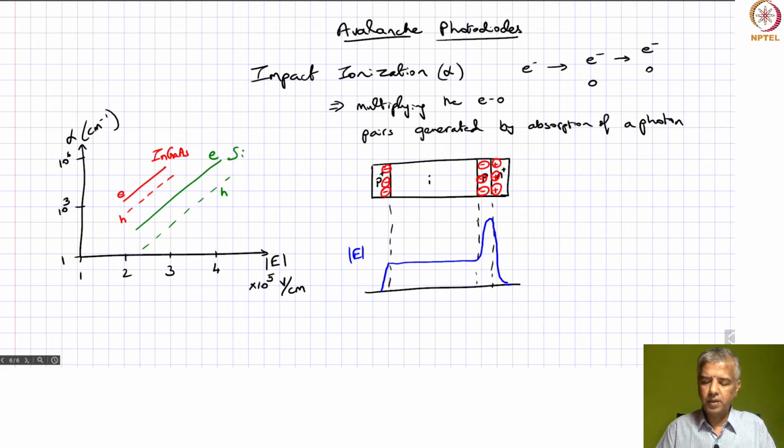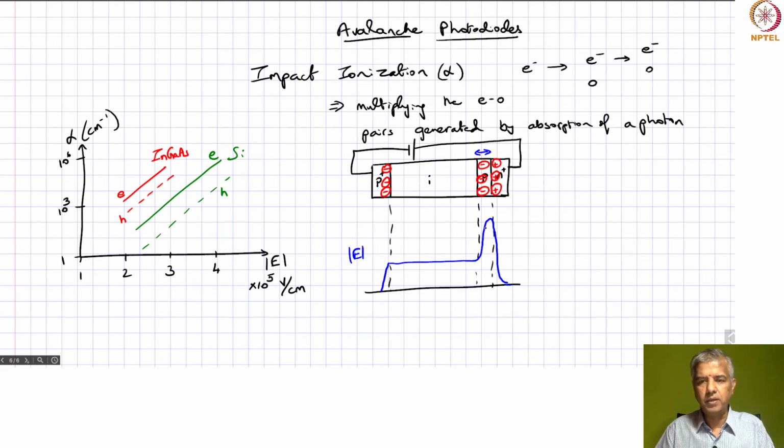But what we have done is add one more layer over here, where you have a much higher electric field. So when I connect this to a reverse bias like we did before, and I increase the reverse bias, this peak is going to keep on increasing.